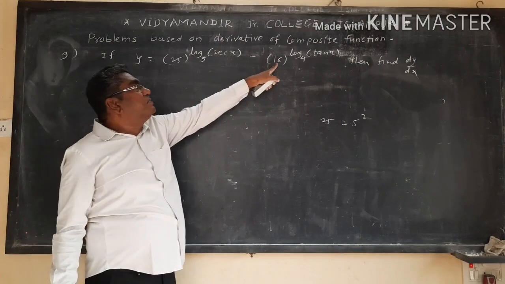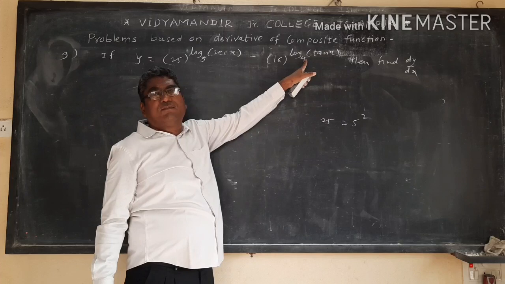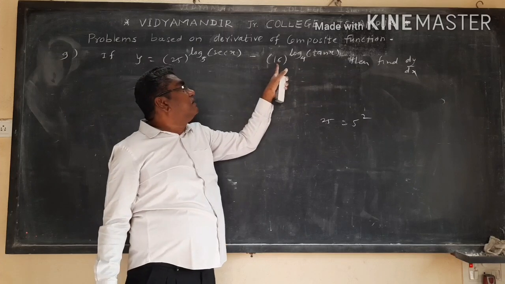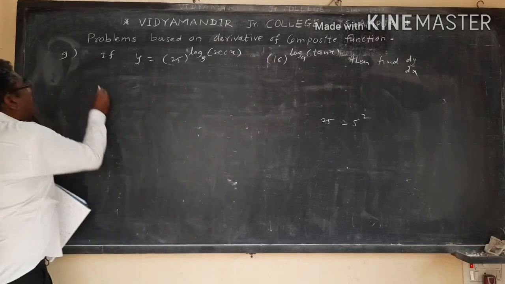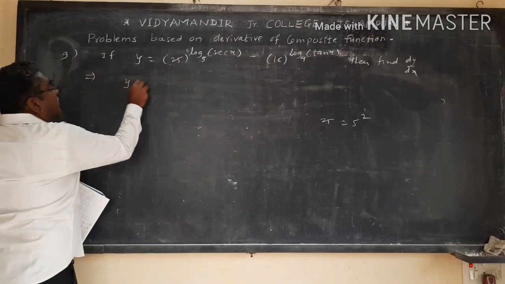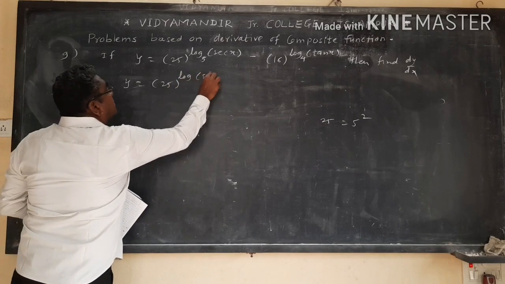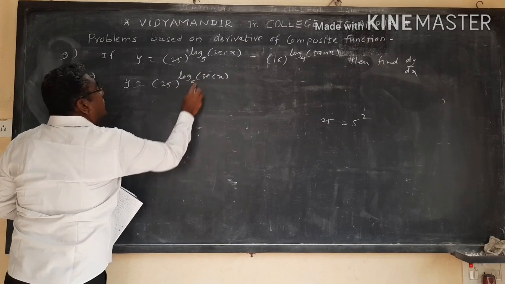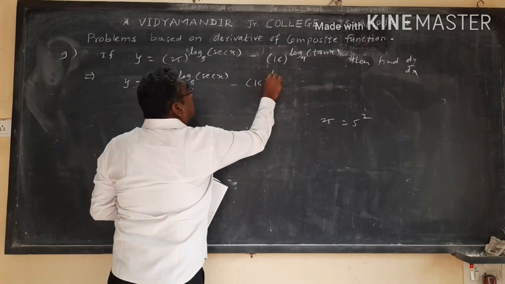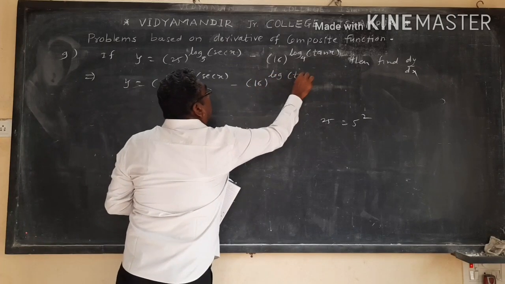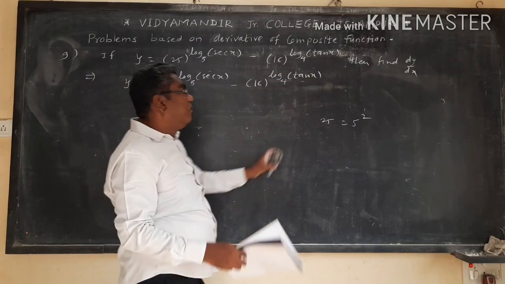Here the base of the exponent is 16 and the base of the logarithm is 4. 16 is converted to 4 square. We have y equal to 25 raised to log sec x to the base 5 minus 16 raised to log tan x to the base 4.